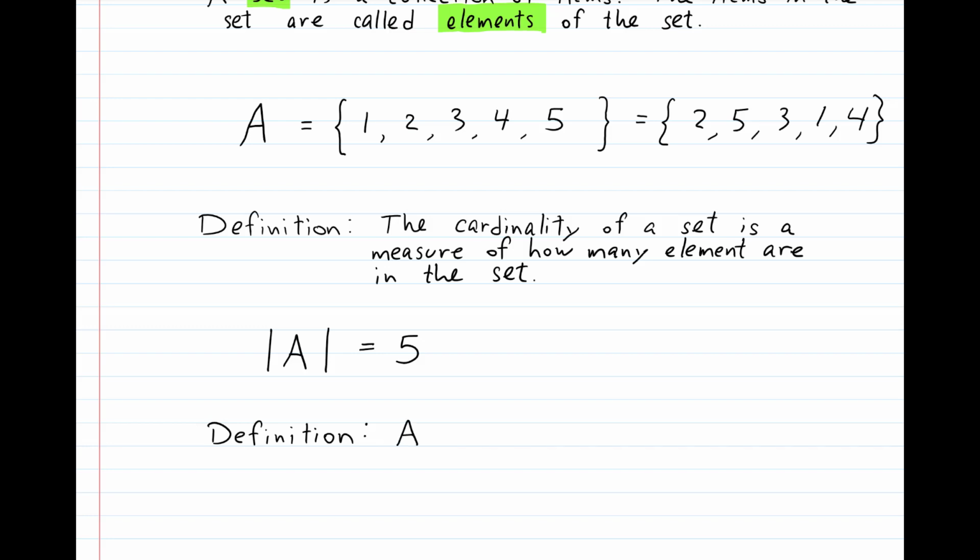The set with no elements is called, well, let me ask you, what would you call a box with nothing in it? You would call it empty, wouldn't you? An empty box. So the set with no elements is called the empty set.